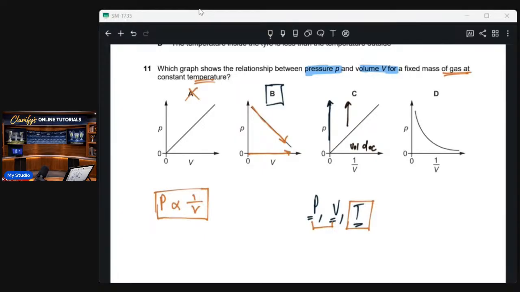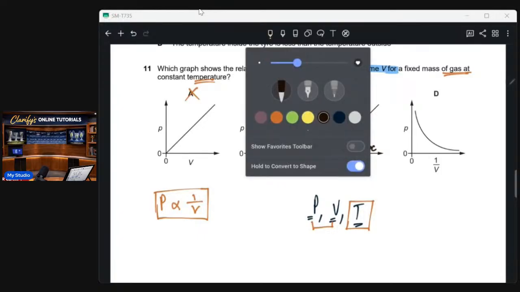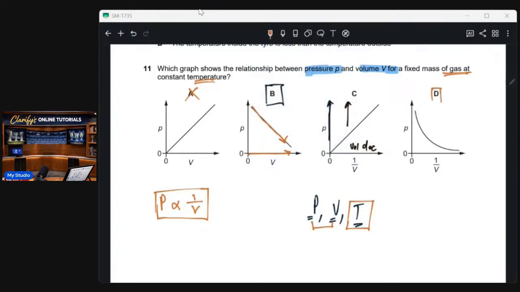But now let's look at part D. It says that as the volume decreases, can we all agree that this is easy?